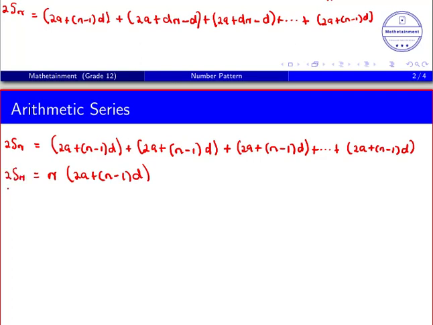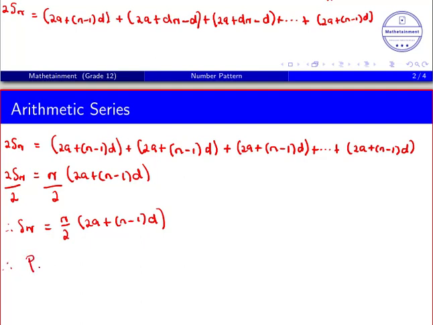So here it is your 2Sn. You divide both sides by 2. Therefore, your Sn is equal to n over 2 times (2a plus (n minus 1) times d).